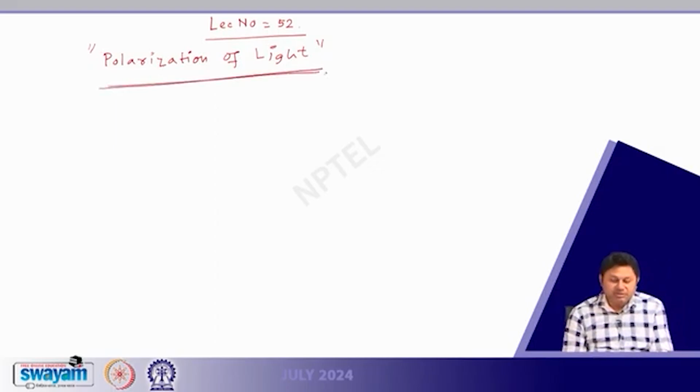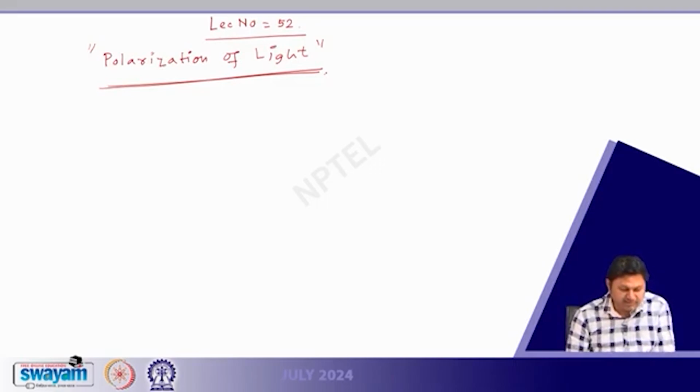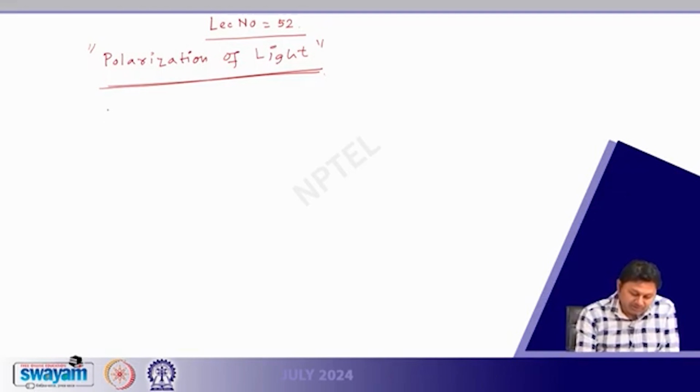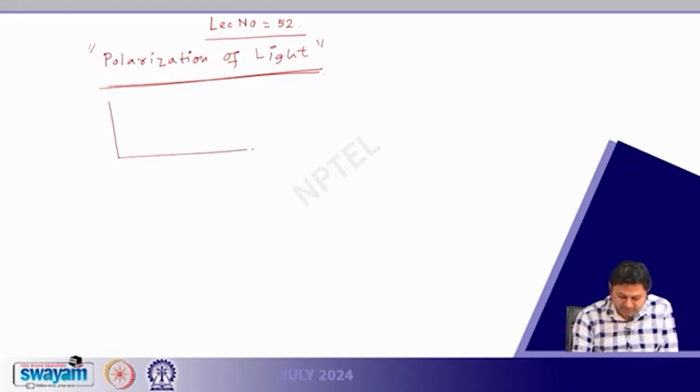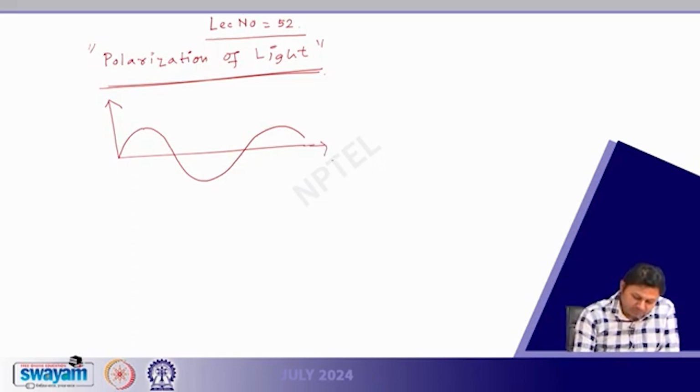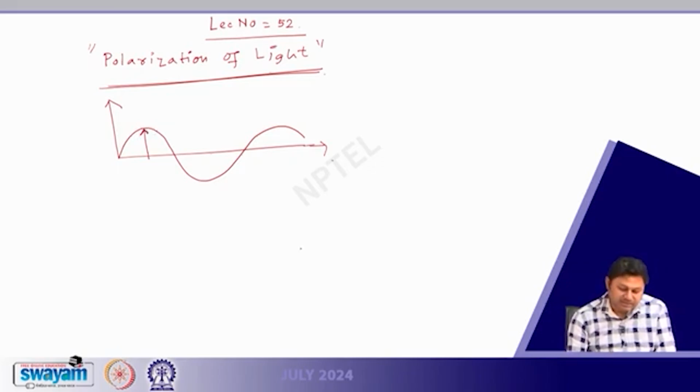So, by definition, polarization of light is nothing but the direction of the electric field vector E, and if I draw that, suppose I am drawing a sinusoidally varying electric field, and that is normally the way we draw. So, in this plane, suppose the electric field is vibrating and this is the direction of the vibration of the electric field.